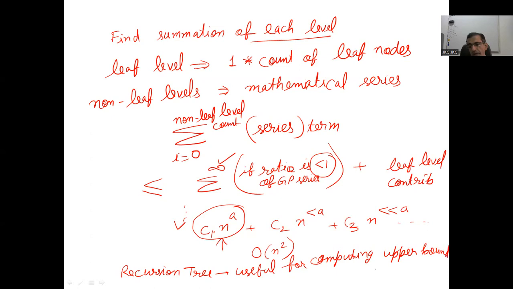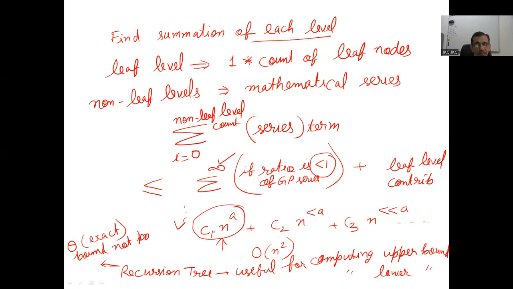Sometimes you may be able to find the lower bound also, but of course finding theta in a single step will not be done. So theta notation or exact bound is not possible in one step. You have to probably guess both separately.